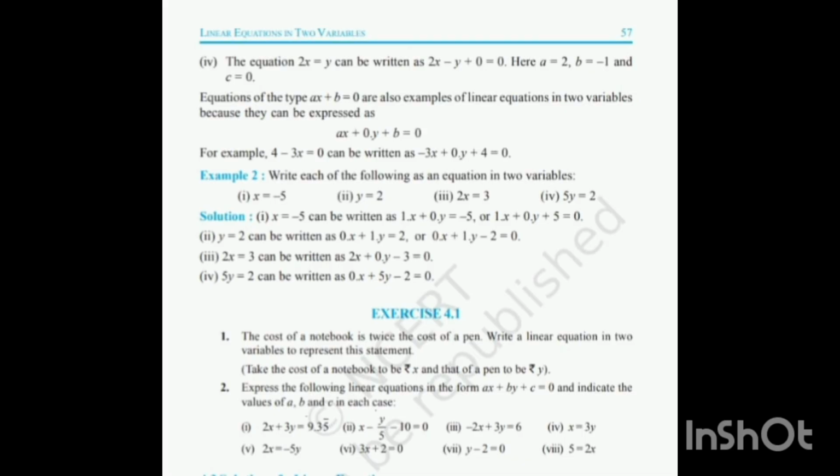So for this, our linear equation will be formed like 2x plus 3y minus 9.35 bar, because on the other side of equal is 9.35 bar. So we will bring it together in the form of ax plus by plus c.